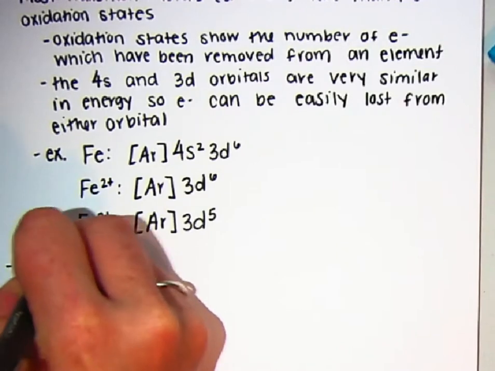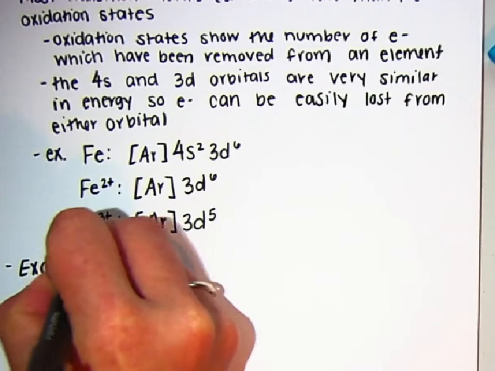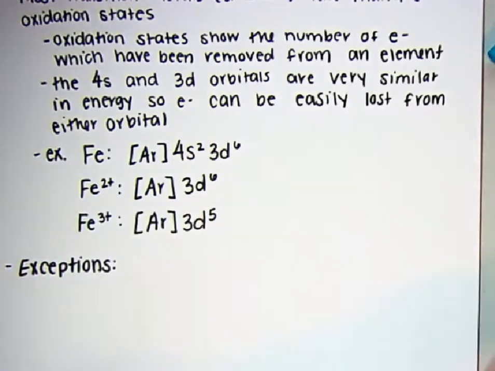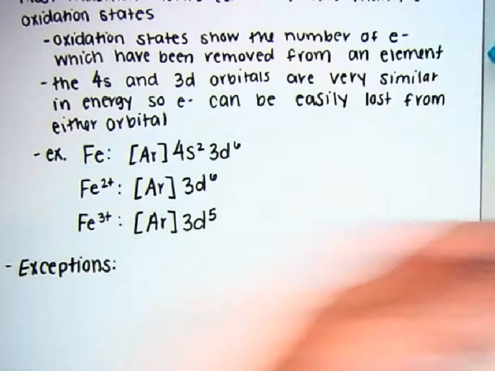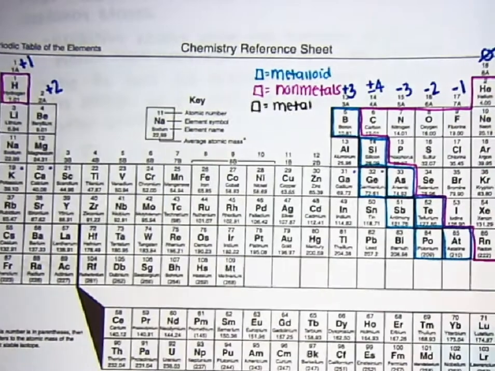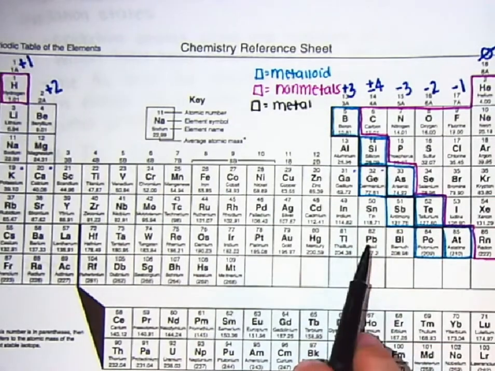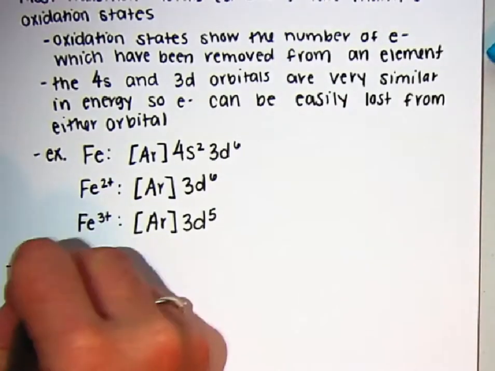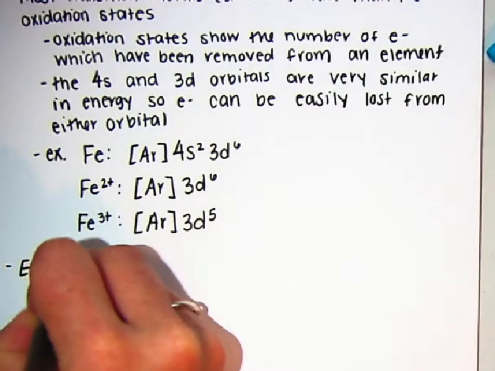There are a few exceptions to know. Typically when we're talking about elements with multiple oxidation states, we're talking about elements in the D block. Tin and lead are in the P block, but they have multiple oxidation states. So make sure you're aware of those.